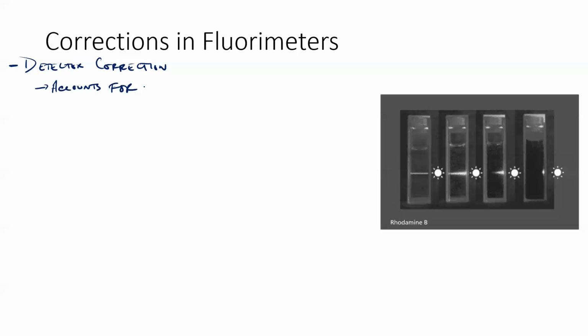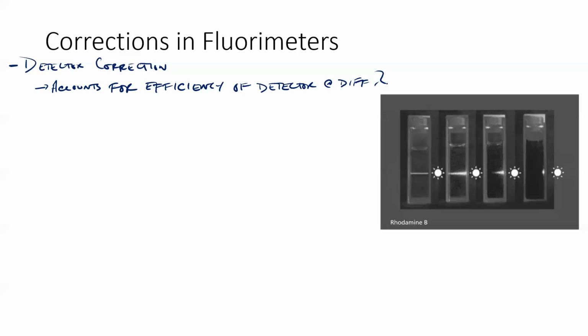how efficient our detector is at various wavelengths. Right. I think we talked a little bit when we talked about the detectors and those photomultiplier tubes, how you have to choose a dynode material with a low work function.